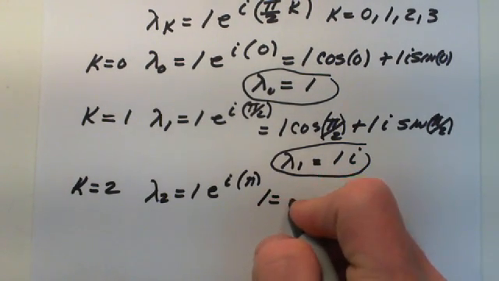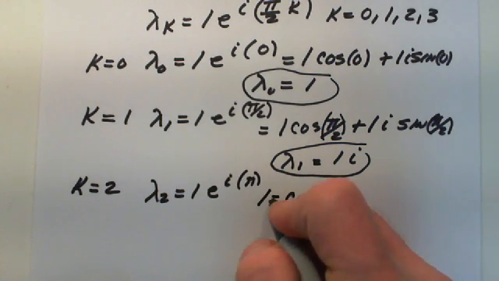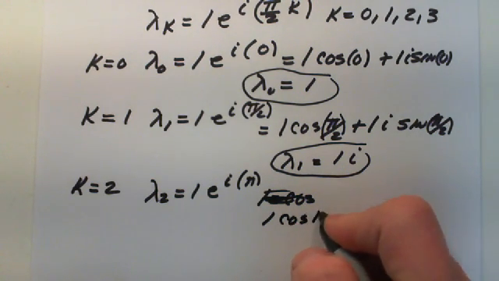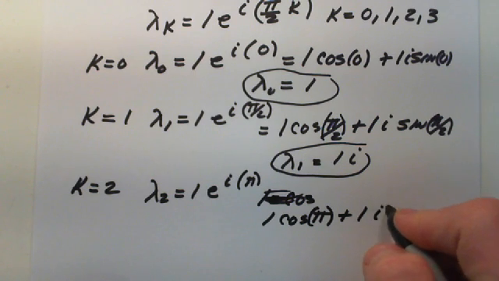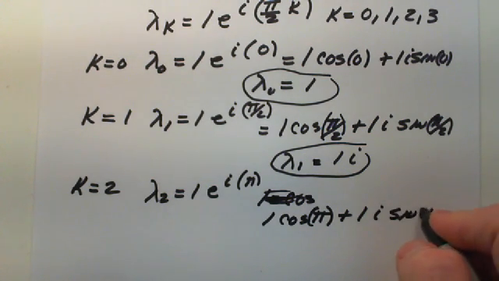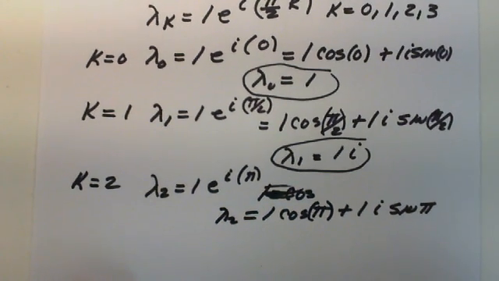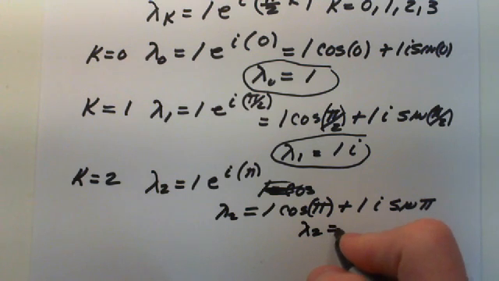That means 1 times the cosine of pi plus 1 i times the sine of pi is equal to lambda 2. So in this case, lambda 2 is going to equal negative 1.